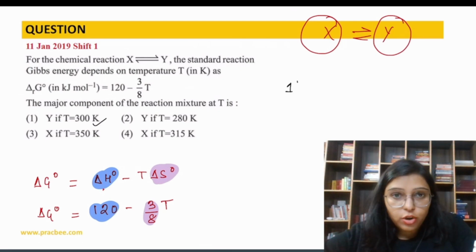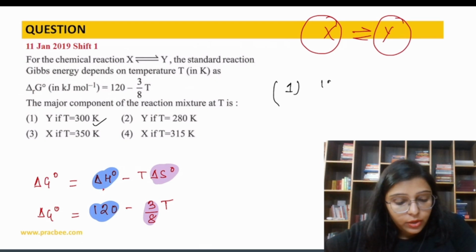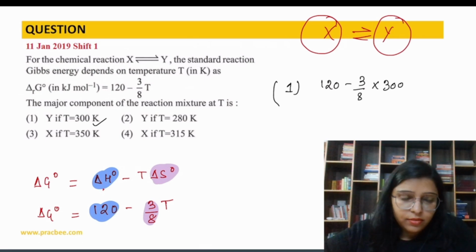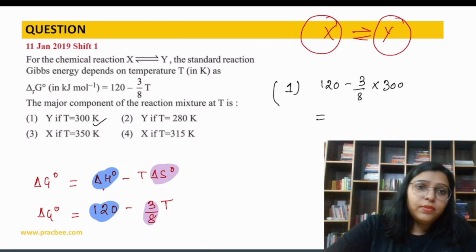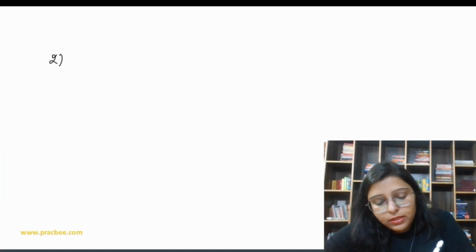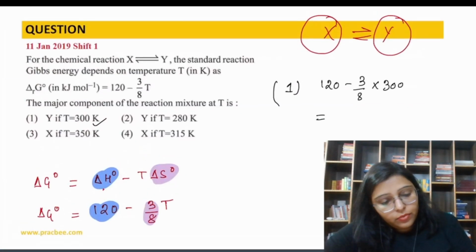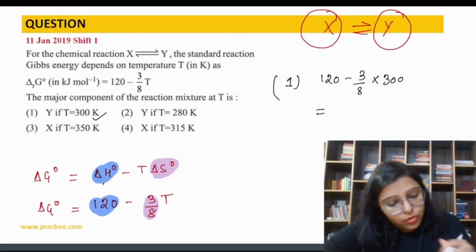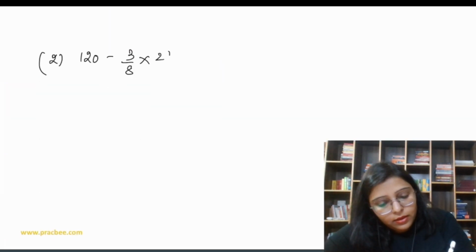So first let's check option number 1. So 120 minus 3 by 8 into 300. When you solve this, you get a certain value. Similarly, when you solve the second part, 120 minus 3 by 8 into 280.